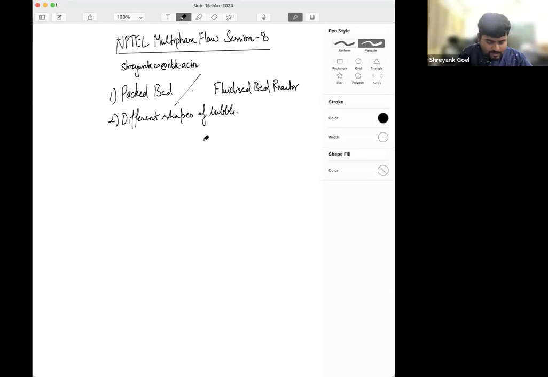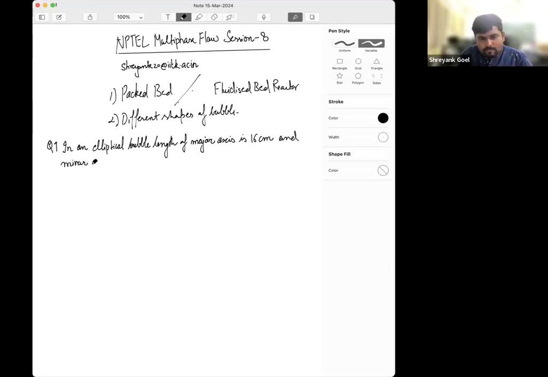So let's look at a few questions. The first question is: in an elliptical bubble, the length of the major axis is 16 centimeter and the minor axis is 1 centimeter.